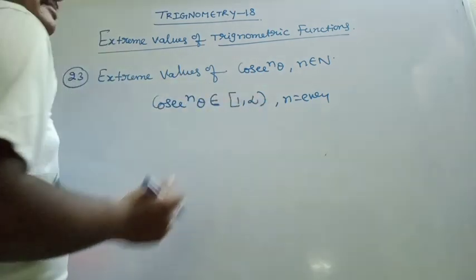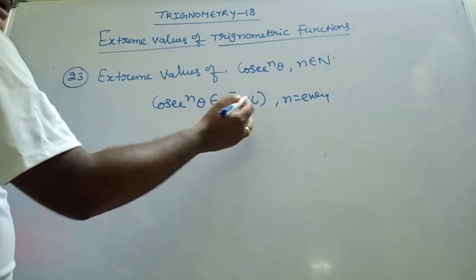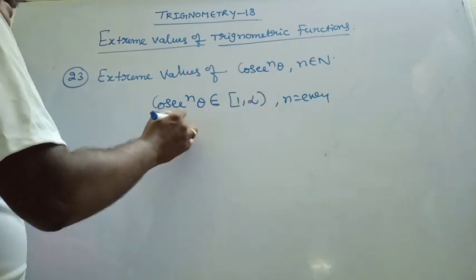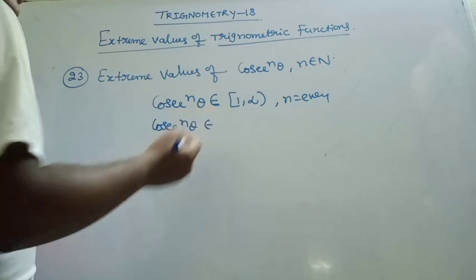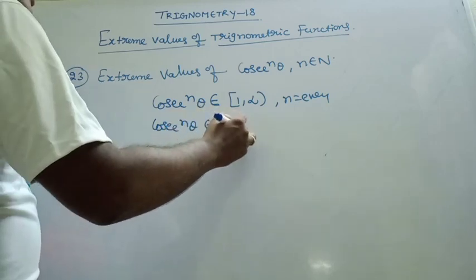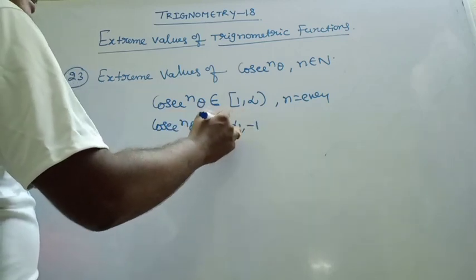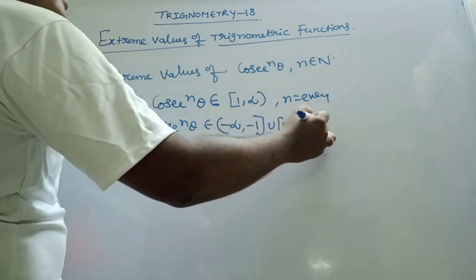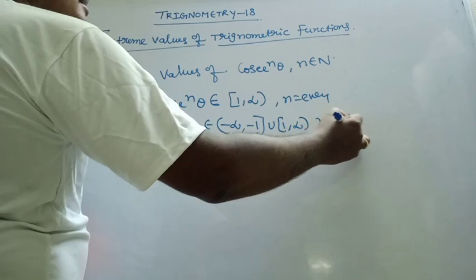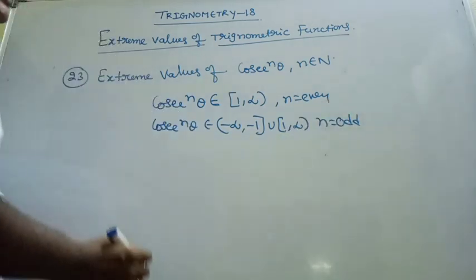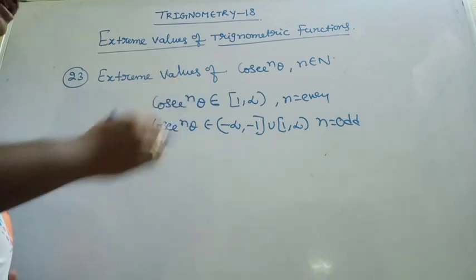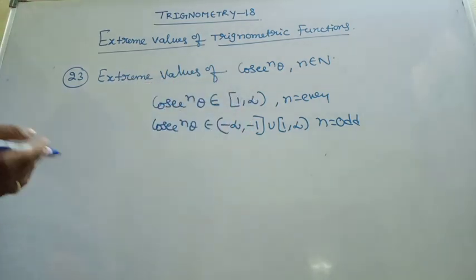The minimum value is 1 and the maximum value is nearer to infinity. And cosecant power n theta belongs to minus infinity to minus 1, union 1 to infinity, when n is odd. That means the minimum value is nearer to minus infinity and the maximum value is nearer to plus infinity.